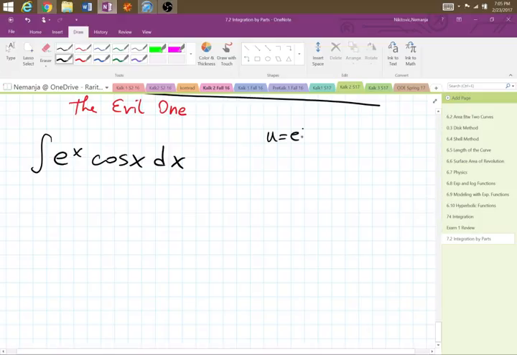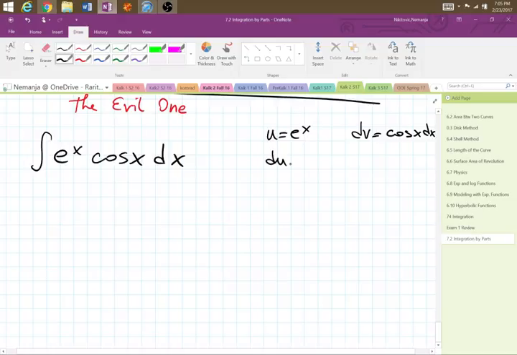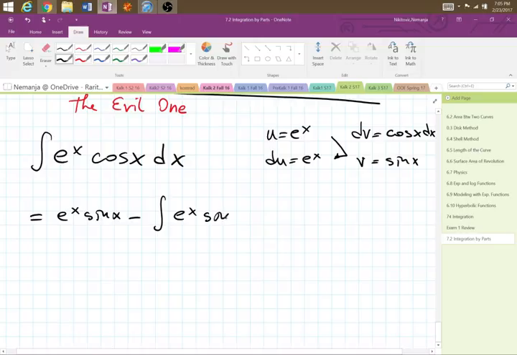U equals e to the x. I just give up. dv equals, I'm just going to do this and just bail. du equals e to the x, and v is equal to sine x. And we do the arrow thingy. So now what we get is e to the x sine x minus the integral of e to the x sine x dx.